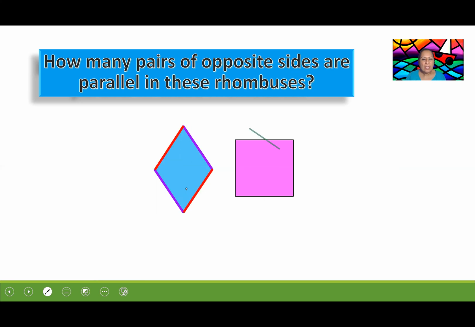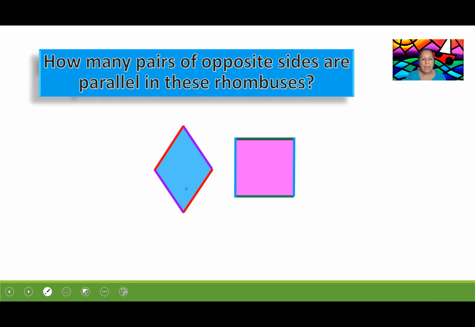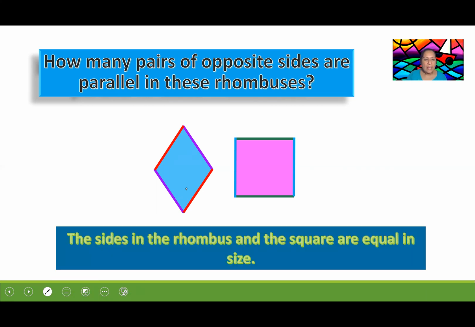This is showing that the purple ones are parallel sides, the red ones are parallel sides, the green ones are parallel sides, and the blue ones are parallel sides. So I know we have 4 pairs of opposite parallel sides in these rhombuses. And at the same time, the sides in the rhombus and the square are equal in size.